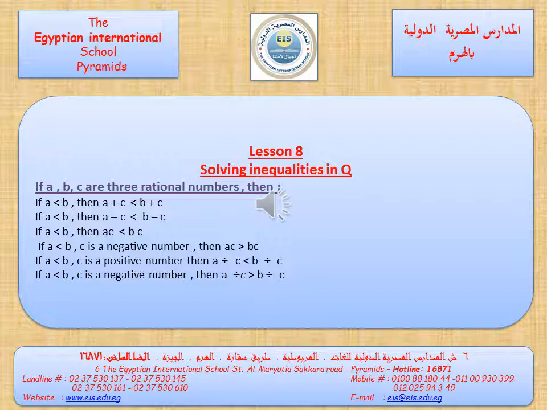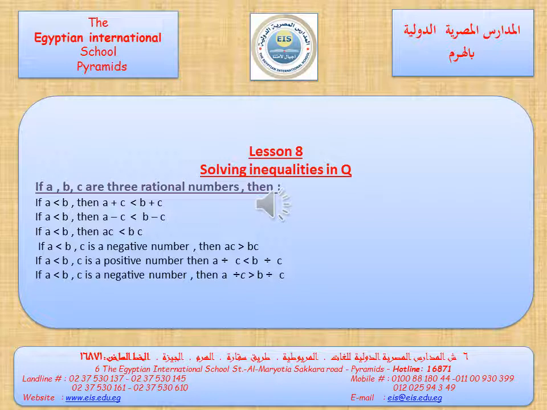If we subtract, the same. If we multiply, the same. But if we multiply a negative number on both sides, the sign will be replaced from smaller than to bigger than. So if we have A less than B and C is a negative number, then AC will be bigger than BC.